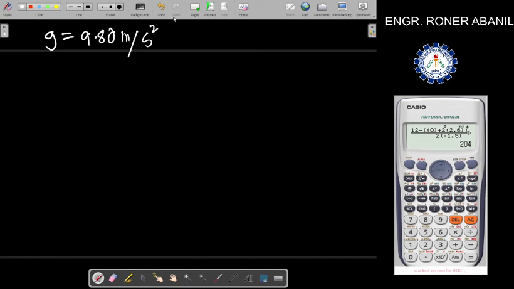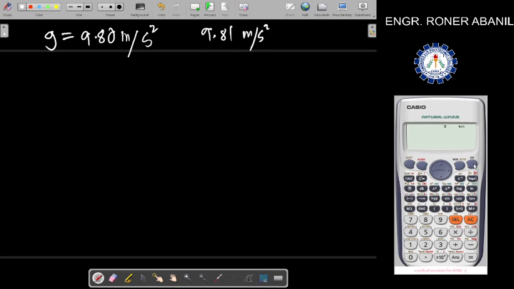Minsan nagiging 9.81 meters per second square yan. Pag nakalimutan nyo yan, madali lang yan. Meron tayo sa calculator natin. Kunin ko lang ulit yung back side ng calculator ko. So, makikita nyo yan sa backside ulit ng calculator nyo.